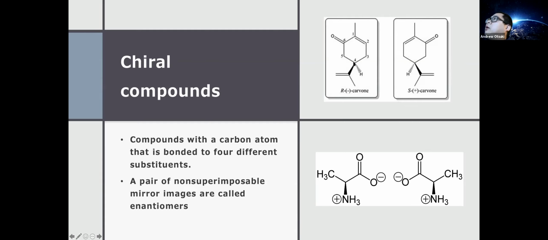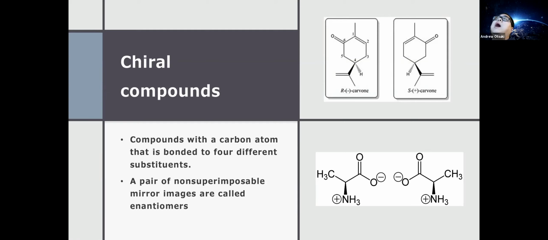So be familiar with identifying chiral centers, chiral compounds, and R or S. If you need a reminder of R and S, make sure you practice that. It'll be a nomenclature Lebens likes to give stereocenters.